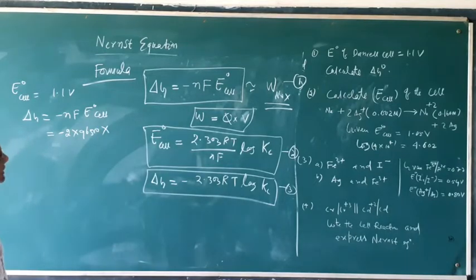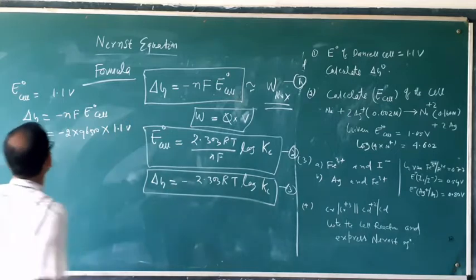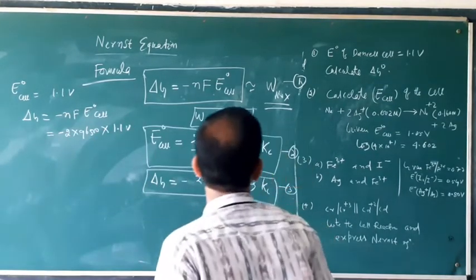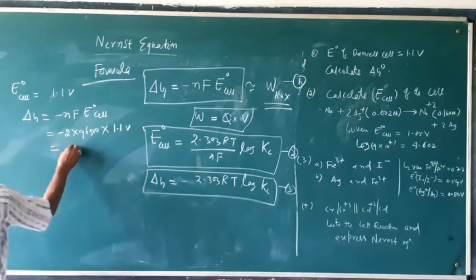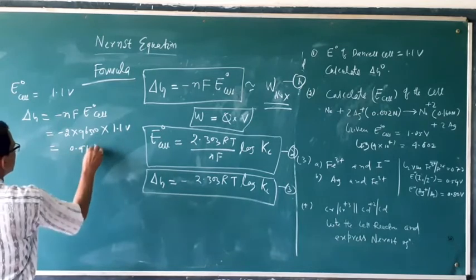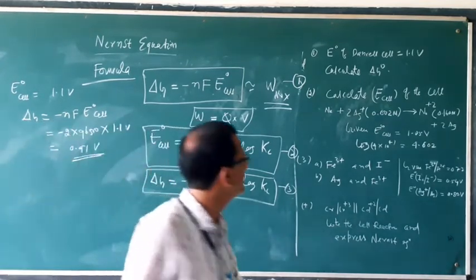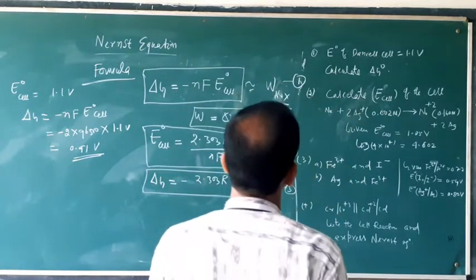E naught cell as per the question is 1.1 volt. If you put it, then the delta G value will be 0.91. The answer will be 0.91, in terms of voltage, electron volt or charge. That is the value of delta G in the first question.